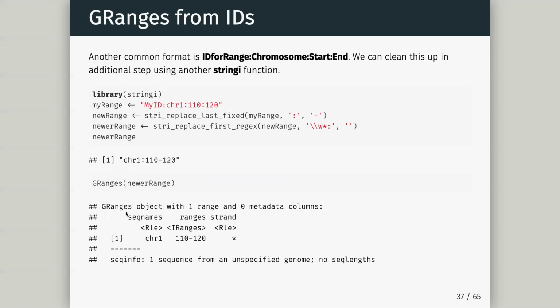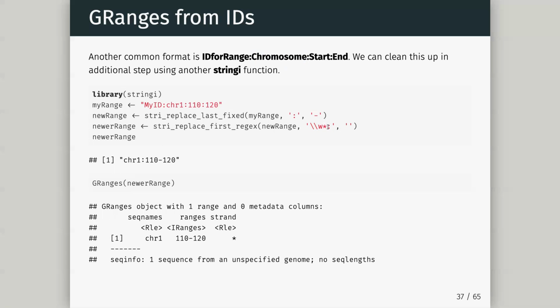Another common format you'll get from things like MEME-ChIP is ID from the range, so the peak name, chromosome start end. We can fix that also by using the opposite of stri_replace_last_fixed. We have stri_replace_first_fixed. And maybe I need to explain regular expressions a bit more. We don't really go into this, but effectively any character star colon.